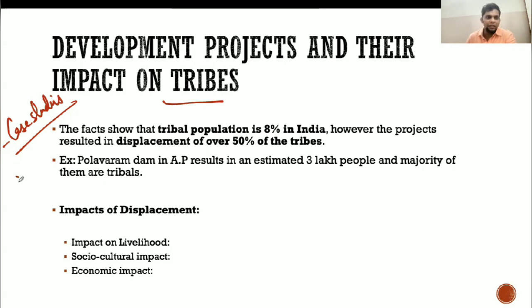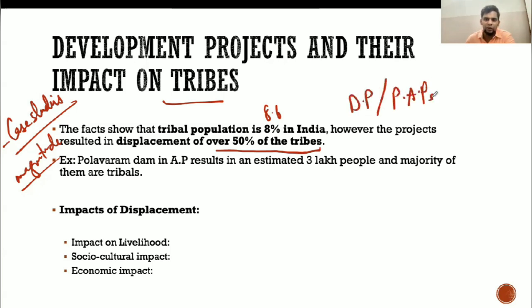One thing you see here is that the tribal population is approximately 8.6% of the population in India, but in terms of displacement, they are more than 50% of the displaced population. Now you have the displaced persons, and you also have the project affected persons, right? I hope you understand what these are. The DPs and the PAPs put together are more than 50% of the tribes.